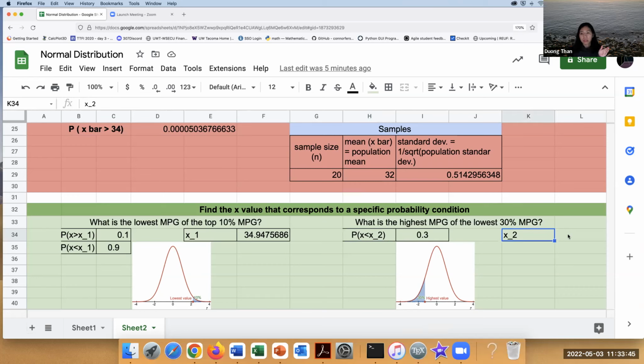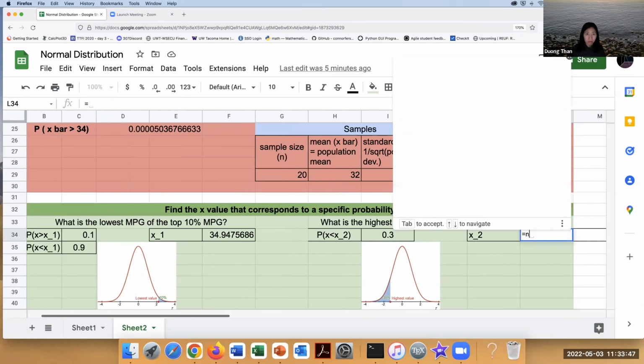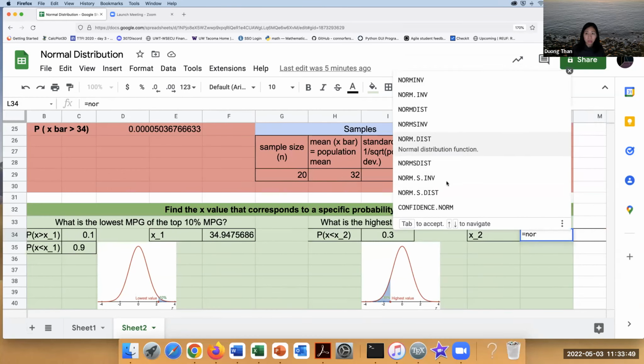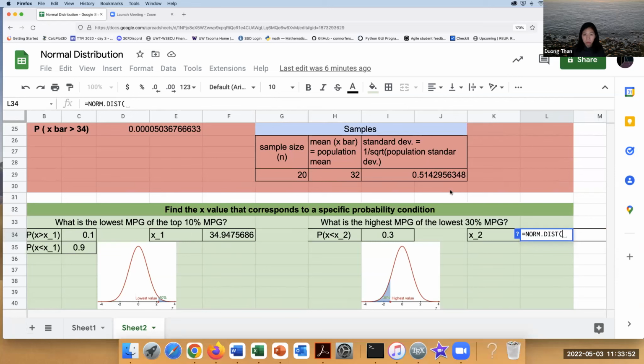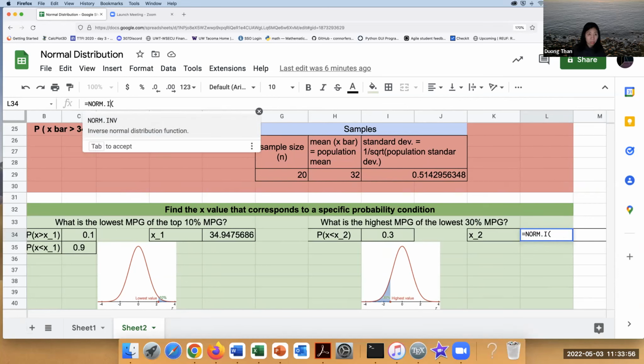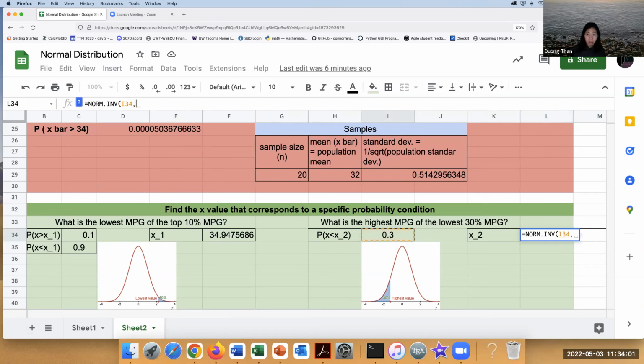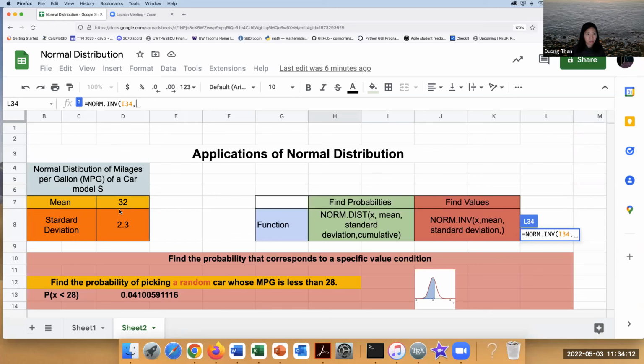So I'm going to use normal inverse. Put in the probability to the left, the mean, and I shouldn't use the sample mean's standard deviation here. I should use the population's, because we're picking a random car, and the standard deviation.